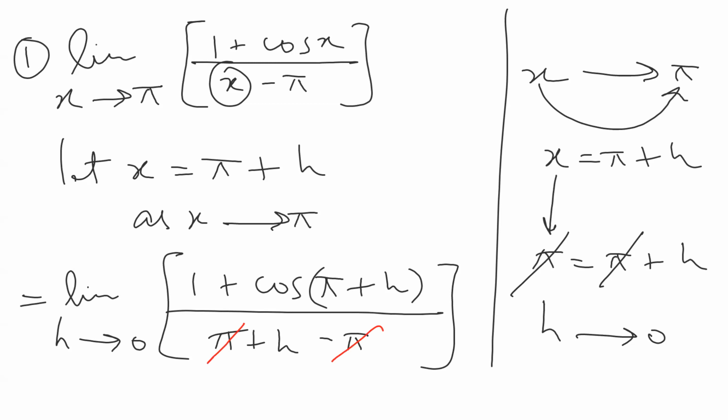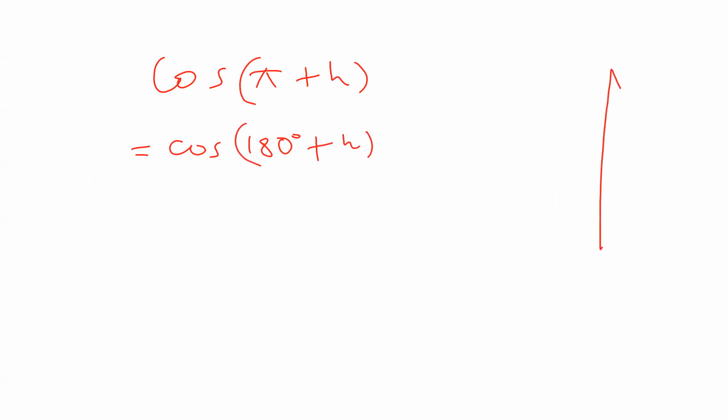Now for cos of pi plus h, we have to apply the all silver teacups rule. So I'll show you cos of pi plus h. Now pi is 180 degrees. You all know that, right? 180 degrees is over here. Plus indicates anti-clockwise direction.